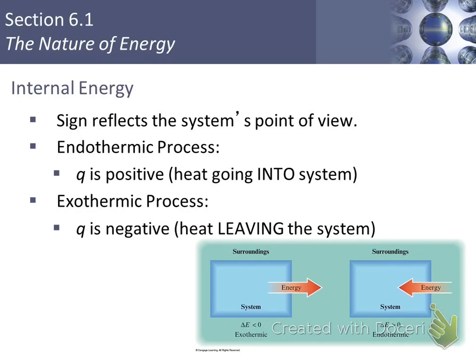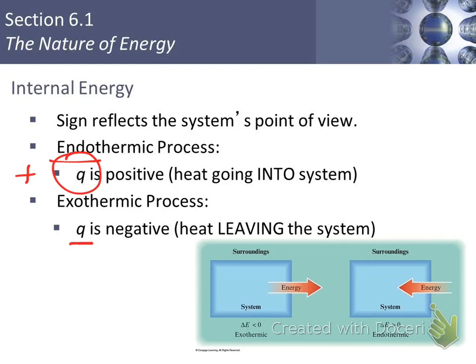If something is endothermic, heat's going into the system, our value for heat, or Q, should be positive, right? That's what I gave you on your sheet. If it's a positive heat value, Q, then that means it's endothermic because it's flowing into the system. Positive heat means it's going in. If you have an exothermic process, then Q is negative.